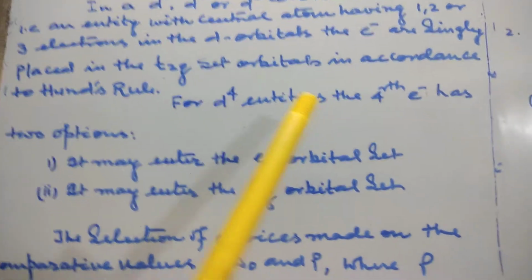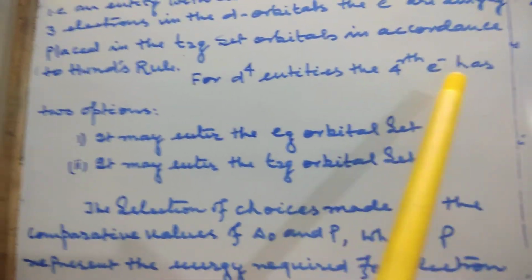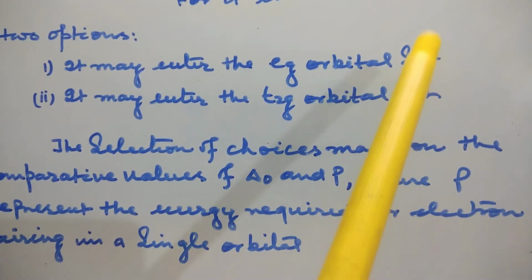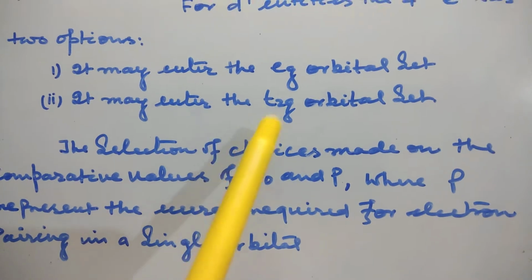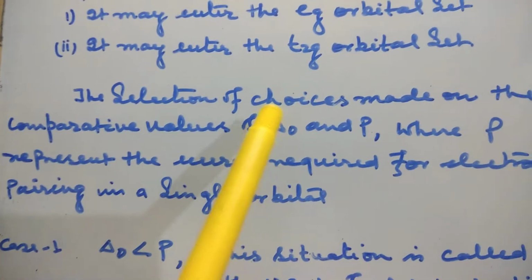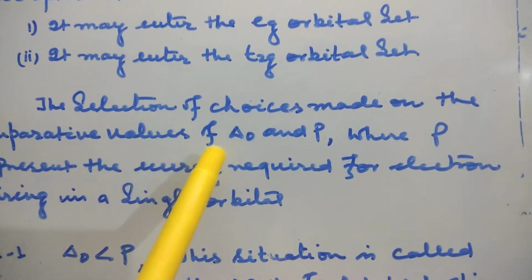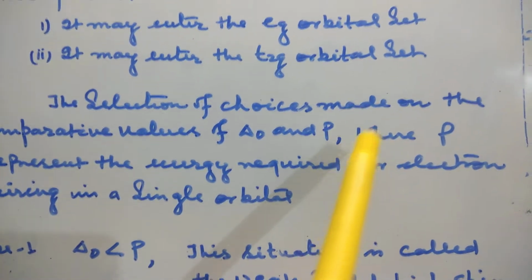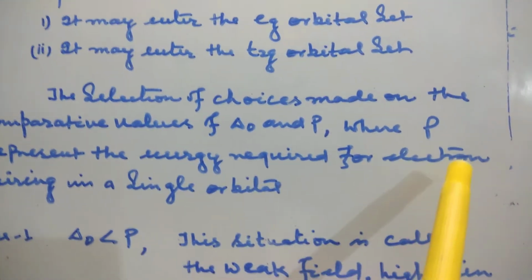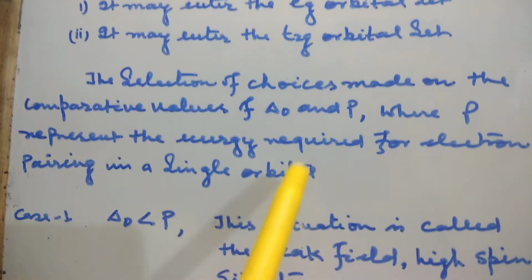For d4 entities, the fourth electron has two options. First, it may enter the eg orbital set. Second, it may enter the t2g orbital set. The selection of choices is made on the comparative values of delta naught and P, where P represents the energy required for electron pairing in a single orbital.